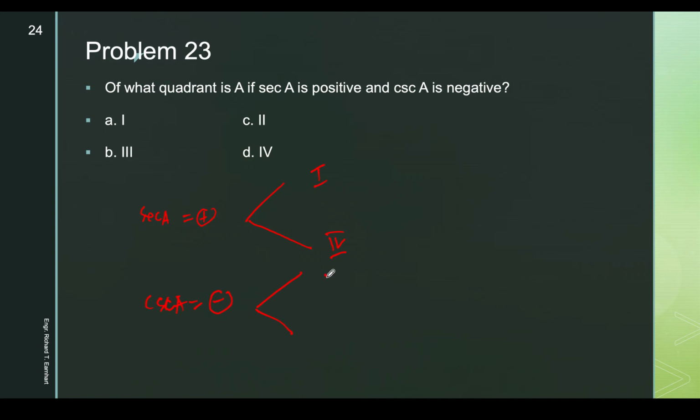Cosecant is negative in the third quadrant and fourth quadrant. Okay, so the common angle here is 4, so the answer must be 4. No? So the angle must be in quadrant 4.